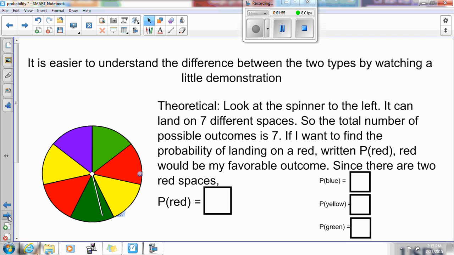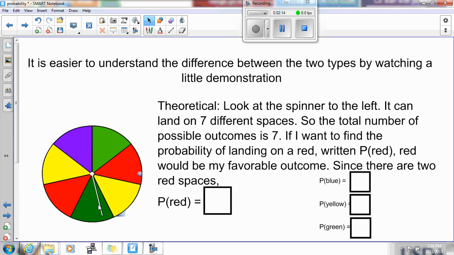First, I'm going to look at theoretical probability. Here you notice there's a spinner, and on this spinner there are 7 different spaces that the spinner can land on. That is the total possible number of outcomes.